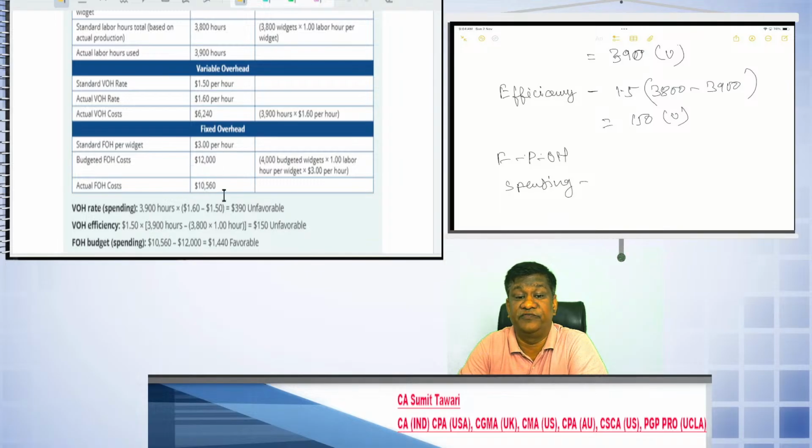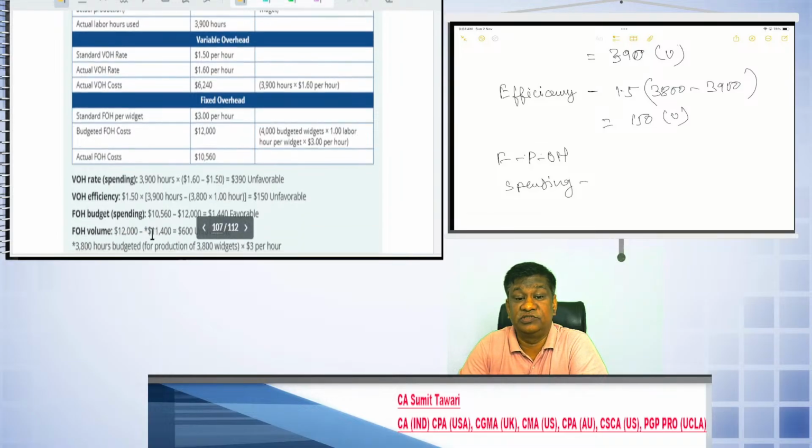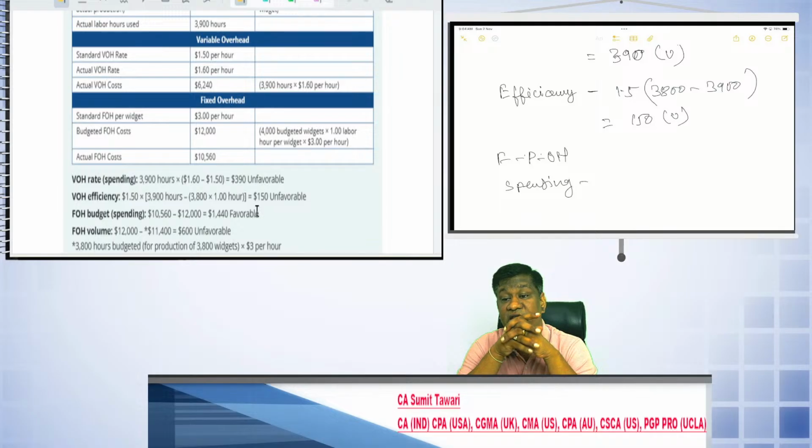So there is no difference, 12,000 and 10,560, so it is clear cut, 1,440. The fixed production overhead does not depend on any level of production. So whatever may be my total budgeted fixed cost, whatever may be the volume, and whatever may be the actual fixed cost, whatever may be the volume, that we need to consider. So it is 12,000 and 10,560. That is my spending variance.